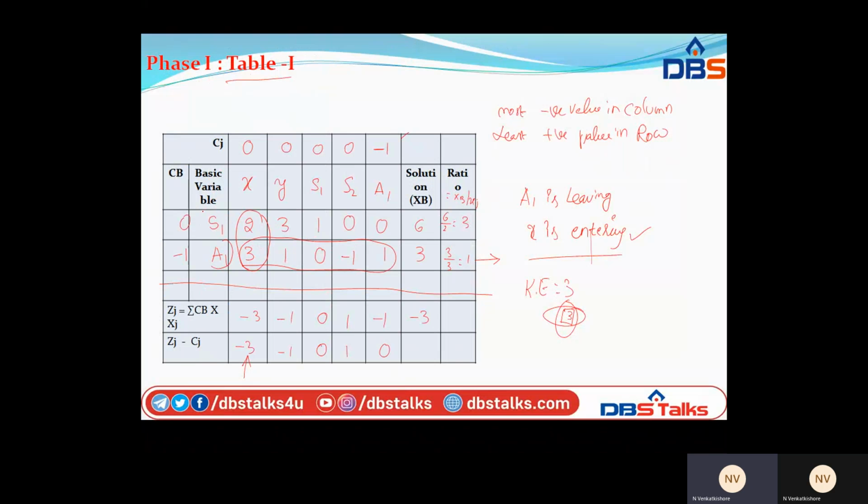There, only the artificial variable identity matrix will be there. Here S1, A1: see here S1 is 1, 0 and A1 is 0, 1. If you see S2, 0, minus 1, there is no basic variable of S2, so here also it does not have an identity matrix. So S1, A1: see here 1, 0, 0, 1.